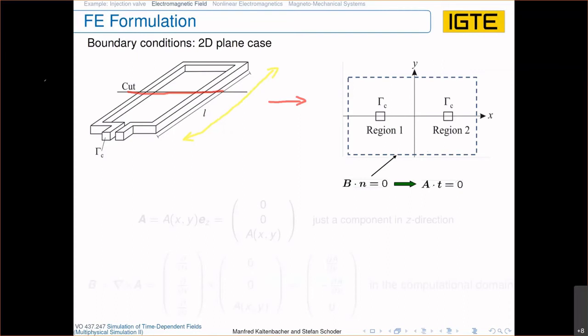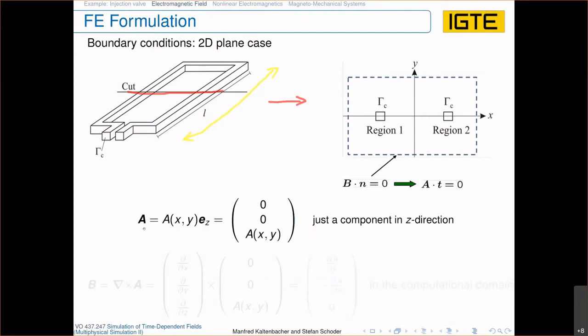So now let's have a look at our relation. We know that in such a 2D plane case, we have just a vector potential component in z direction. So this is orthogonal to the computational domain, which is in the xy plane. And so we have here a vector which has 0 x component, 0 y component, and we just have a z component, where this component depends on x and y.